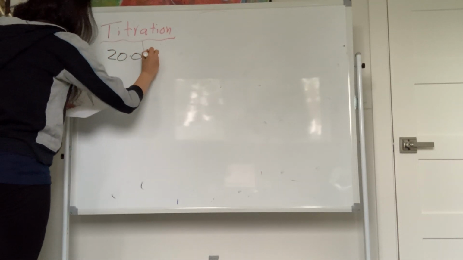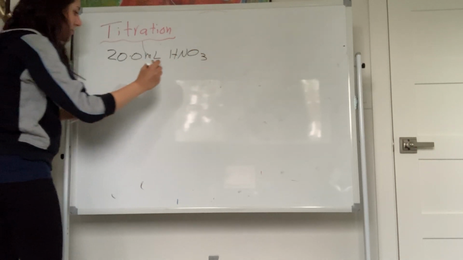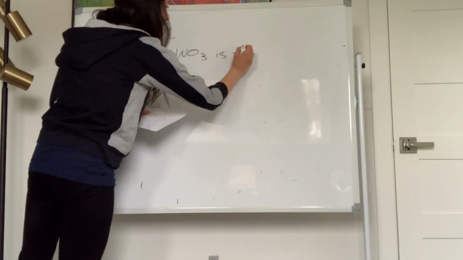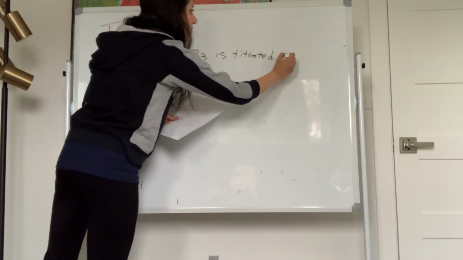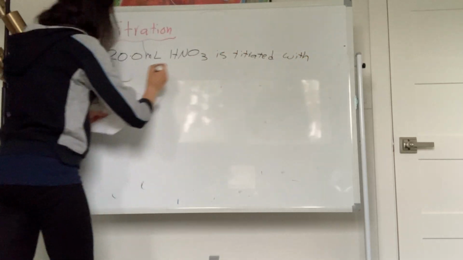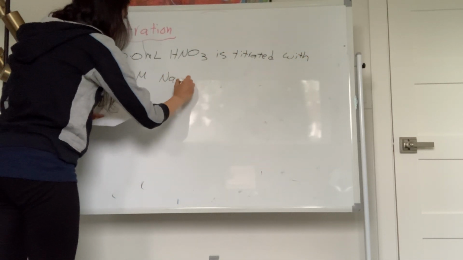20.0 ml of nitric acid, HNO3, is titrated with 0.10 molar sodium hydroxide.